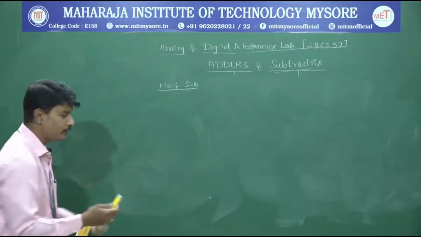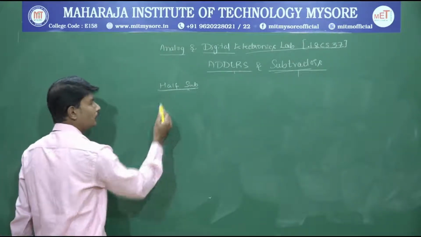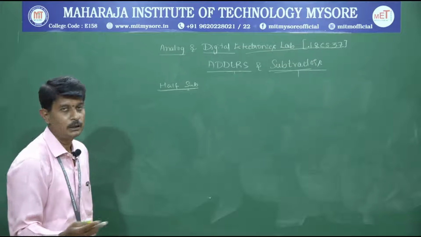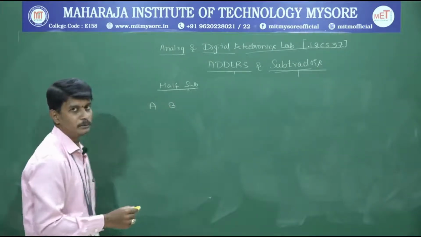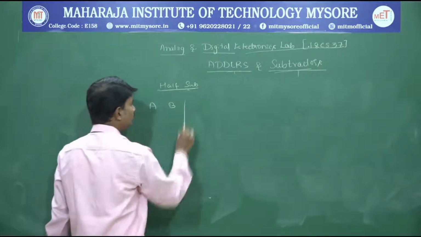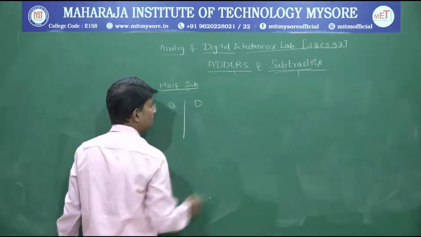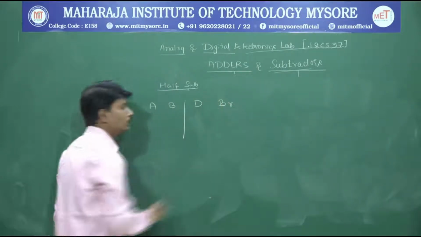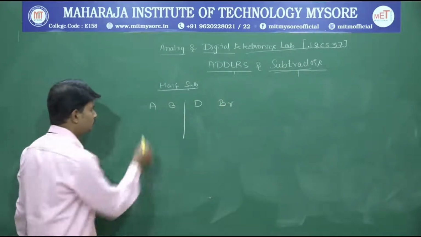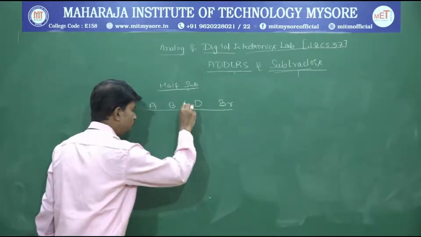So now let me write a truth table for the half subtractor. As I told you before, it accepts two inputs, so let's name the two variables as A and B, and it generates a difference and a borrow, which I'll rename as BR so that you don't get confused.